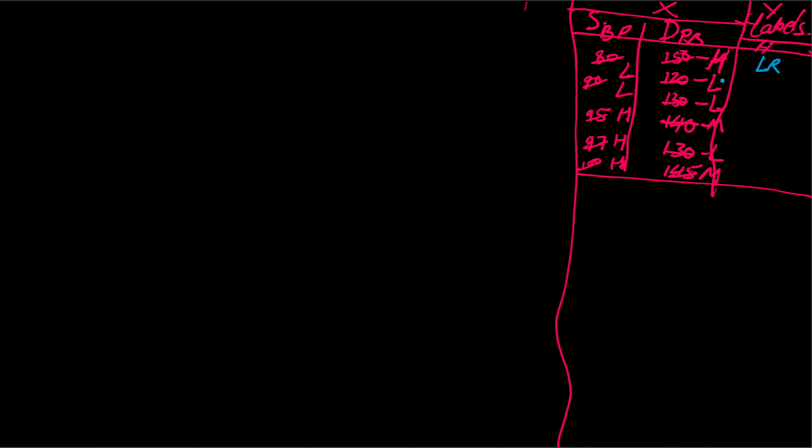This one is low risk. I'll just use the letter L. Low, again low risk. Let's call this high risk. So this one is high risk. This one is high risk. And this one is low risk.